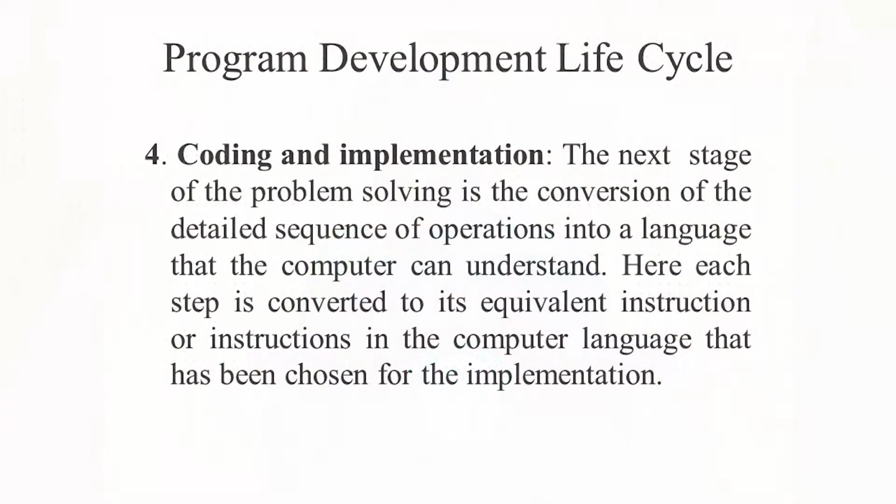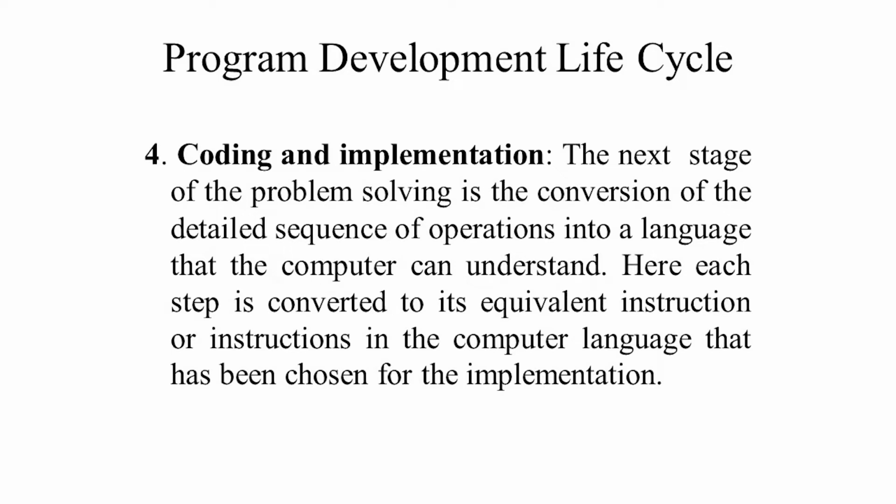So once the algorithm or the flowchart has been designed, the next stage involved is coding and implementation. So here it is nothing but the conversion of the detailed sequence of operations into a language that the computer can understand. Here each step is converted into its equivalent instruction or instructions in a computer language which has been chosen for implementation.